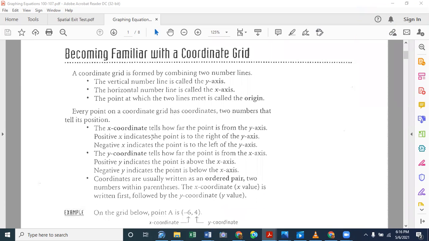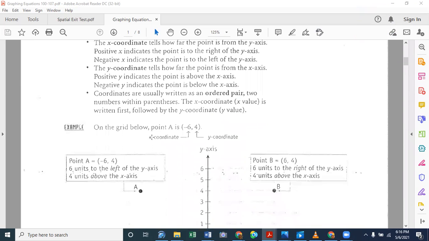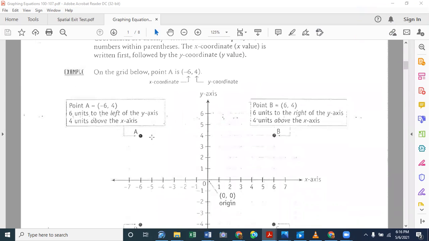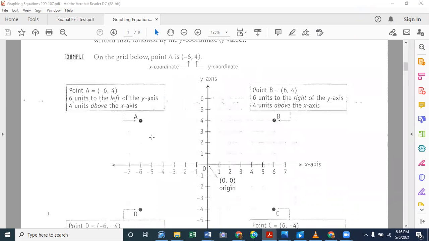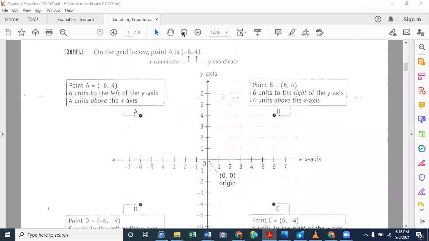You may have done this probably back in middle school where you had to graph the x coordinate and the y coordinate. So how that works is you have a coordinate x and you have a coordinate y. And x is how far left or right a number is on this number line here.